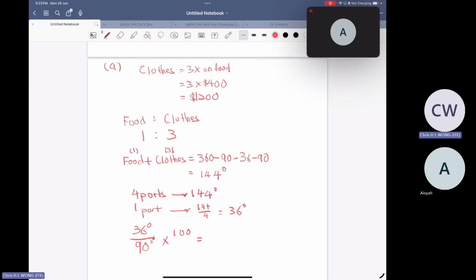All you need to do is just want the percentage only. That's what they want: express the amount she spent on food as a percentage of the amount she saved. She saved 90 degrees. So 36 divided by 90 times 100% gives you 40%. Answer 40%. That's all. Okay? All good? Interesting, huh?